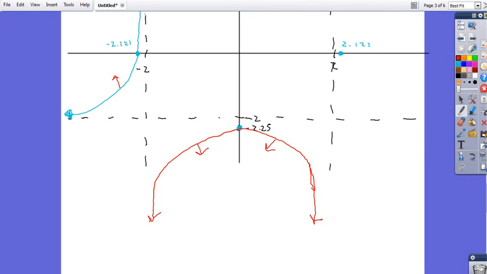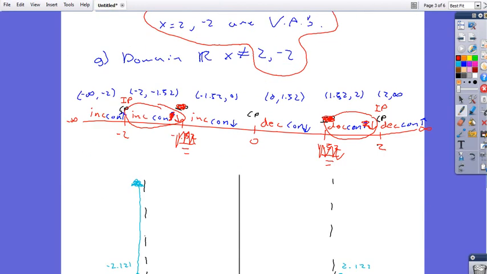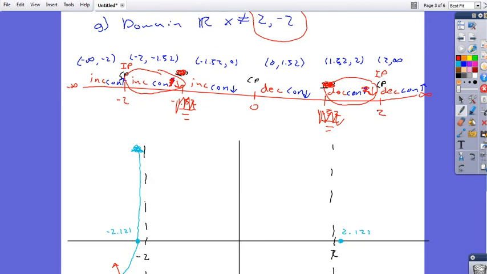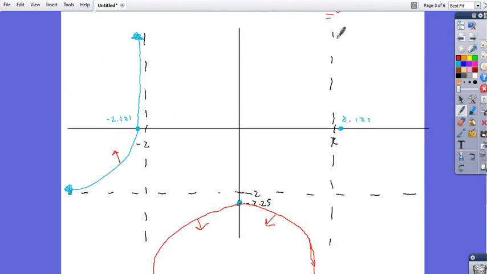And then we're decreasing concave, well, it should be concave up. Well, no, that's concave down because it's 2. After 2, we're decreasing concave up. Okay. Alright, so there we go. Alright, so here we are decreasing concave up.